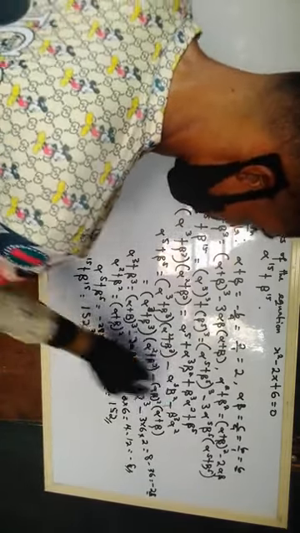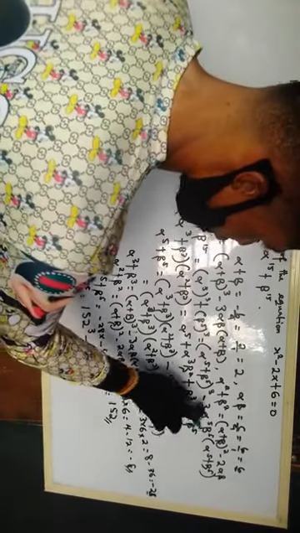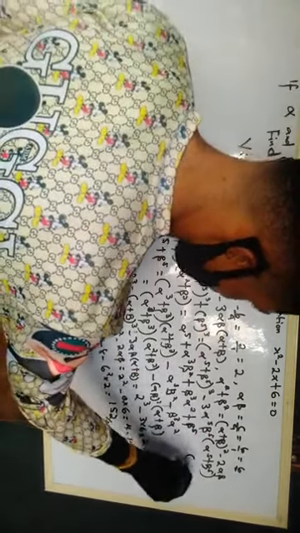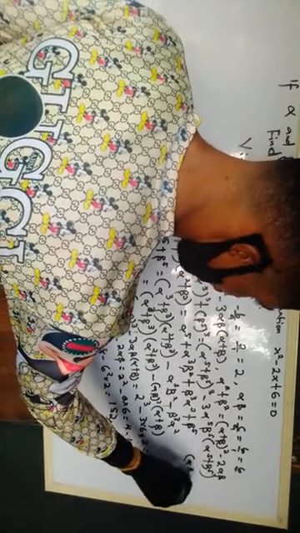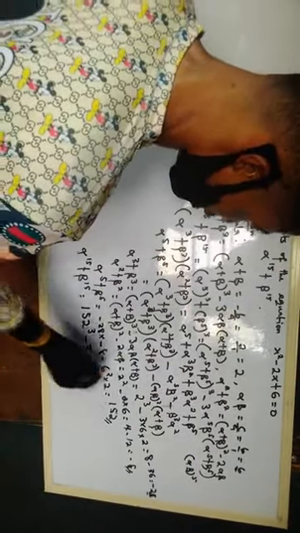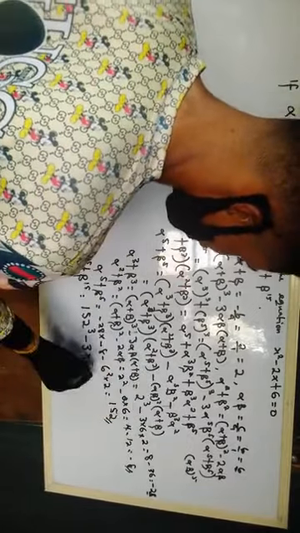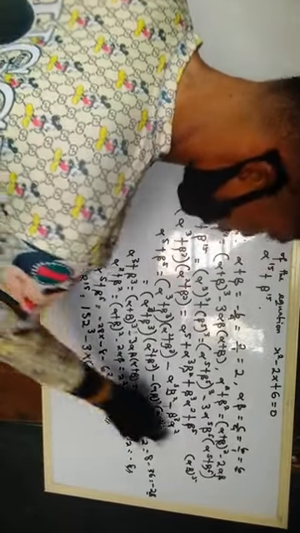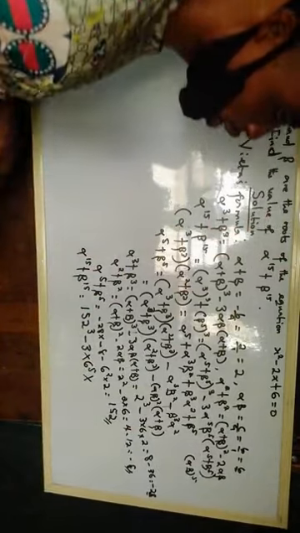Then minus 3. α^5 β^5 can be rewritten as (αβ)^5. So that becomes 3 times, αβ is 6, raised to the power 5, times α^5 + β^5, which is 152.